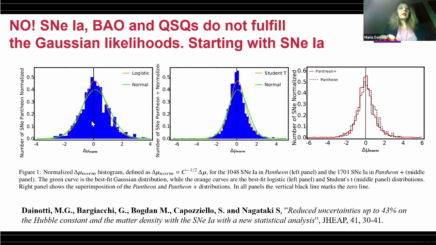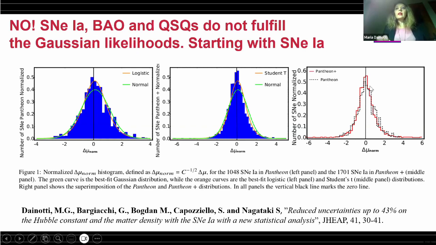Now, in this picture, you have the number of supernovae in the Pantheon sample, normalized at the error bar. Here you have in green the normal or Gaussian distribution fit, and in orange the logistic distribution. Here is the same panel for the Pantheon Plus normalized, and here you have the Pantheon Plus and Pantheon distributions.